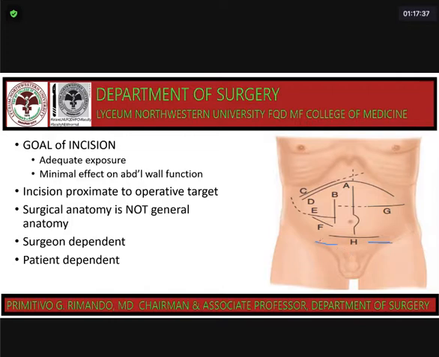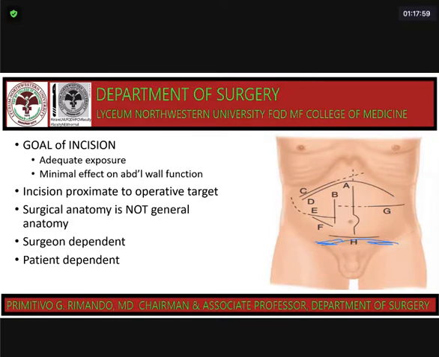So if the symptomatic side is just the right, then we just do a right-sided incision. If in the future this patient develops a left, then that's the time we open the left side. We don't do large incisions just so we can see the other side.